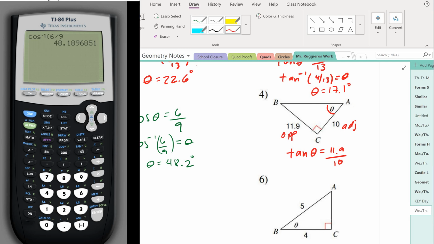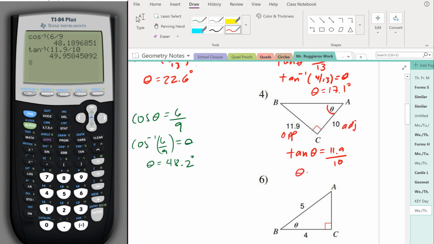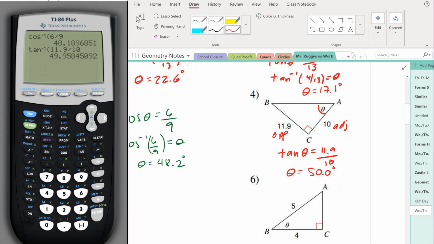So second tangent, 11.9 divided by 10. And to the nearest tenth, be careful on this one, because the 5 bumps the 9, so it bumps to 50.0. You need a value in that tenth position.